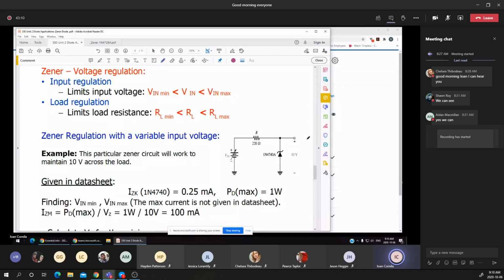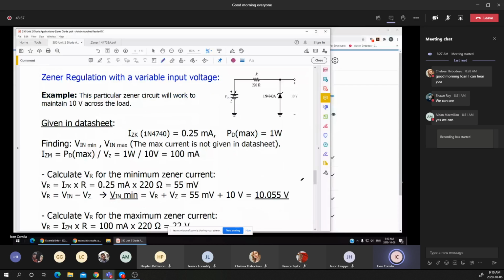The third type of problem is to determine the limits, the RL min and the RL max. That means for a given voltage, for a given resistance, for a given VZ, we have to determine the limit of the load resistance, the RL min and the RL max.